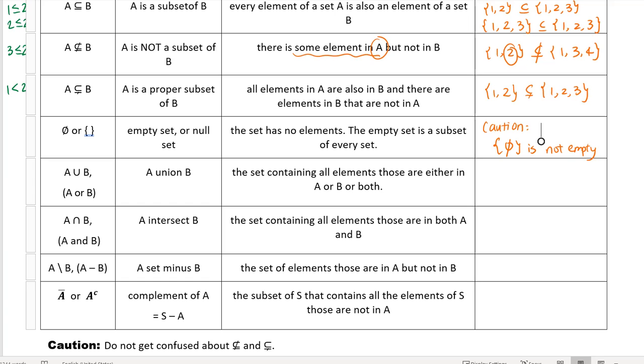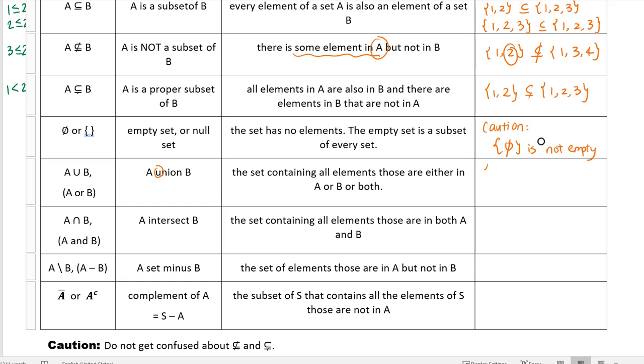Alright, next. Union, A union B. So this guy looks like a U, right? But with the U, you go down, but here you don't go down, you just stop right here. So this is union. It's the same as A or B. The set containing all elements that are either in A or B or both.